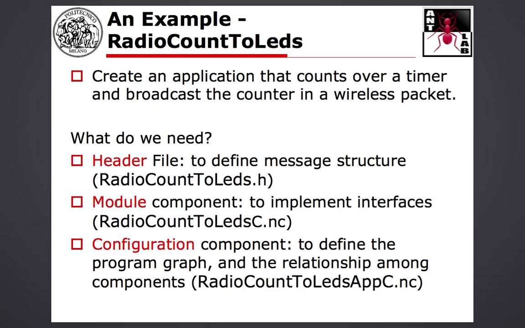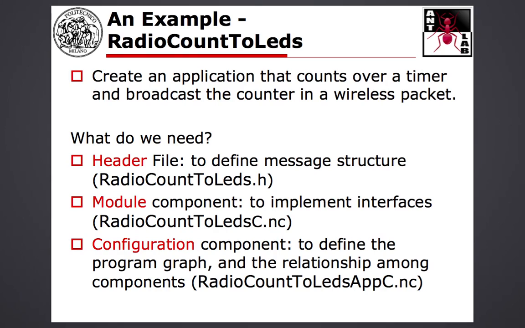Each time this variable is incremented, we want to transmit a message in broadcast to all nodes which are listening, and we will put the value of the counter inside this packet. So we increment the counter and we transmit a message. Then we increment the counter another time and we transmit the message.